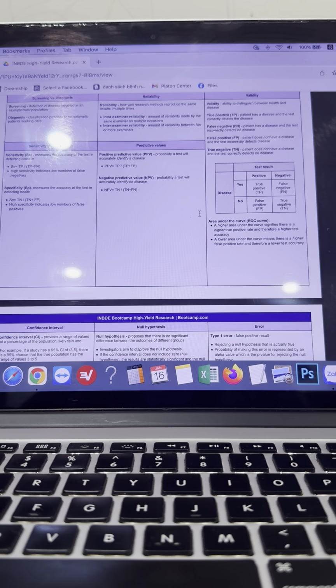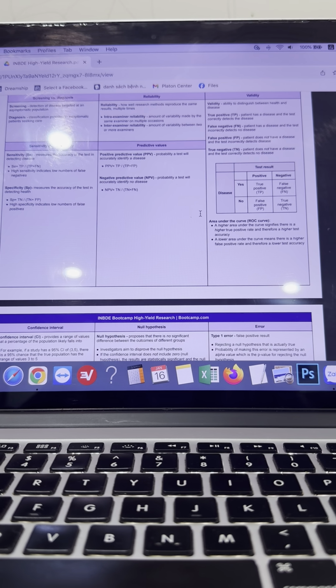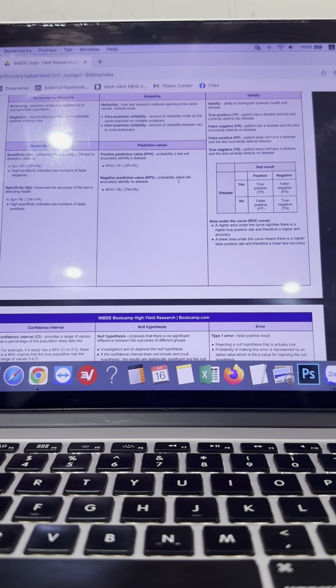Predictive values: positive predictive value, PPV, is the probability a test will accurately identify a disease. Negative predictive value is the probability a test will accurately identify no disease.